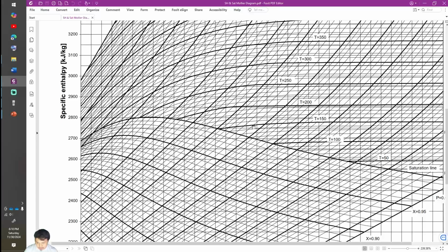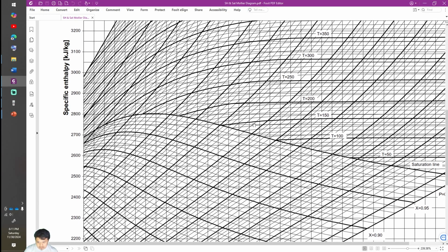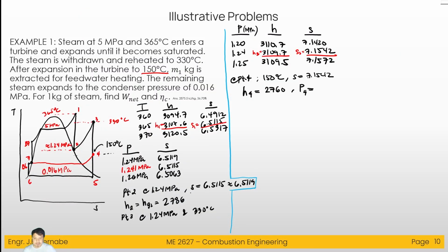So at this point, that will be around 2.5. Sorry, 0.25. No, yung estimate natin. You can say that this is around 0.25. So yun na lang yung estimate natin, no? 0.25 MPa, no? So therefore, this should be 0.25 MPa. Yan. Okay, so we're good with H4.